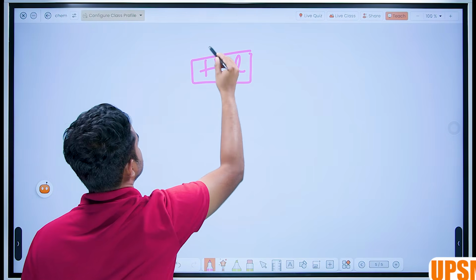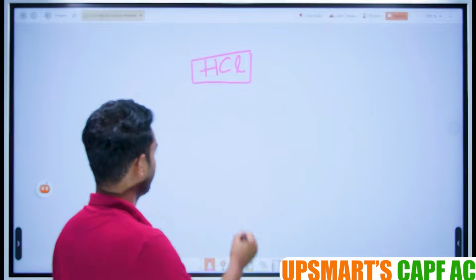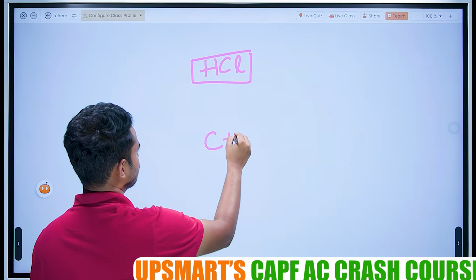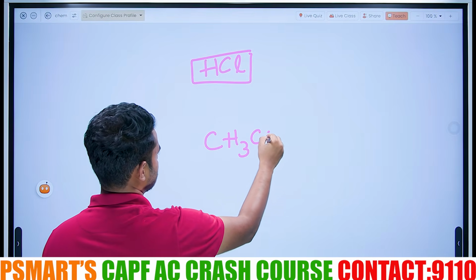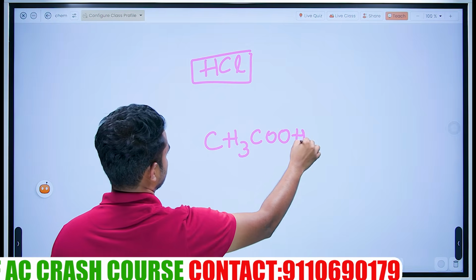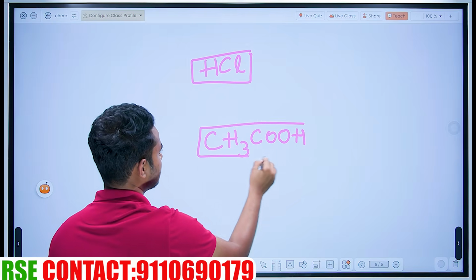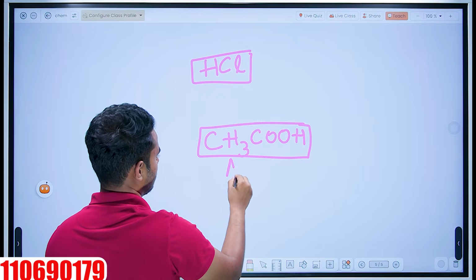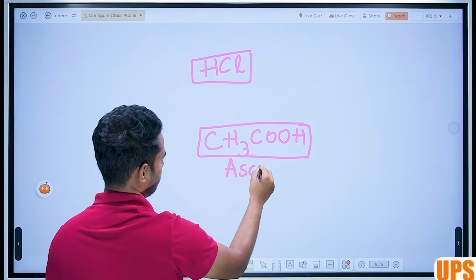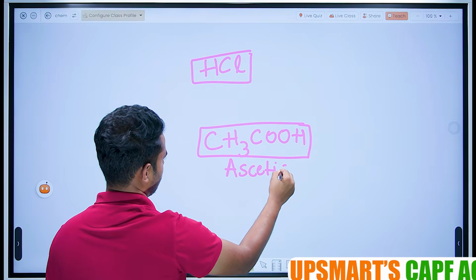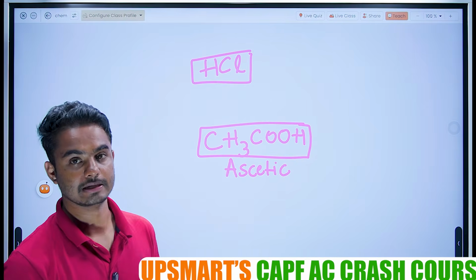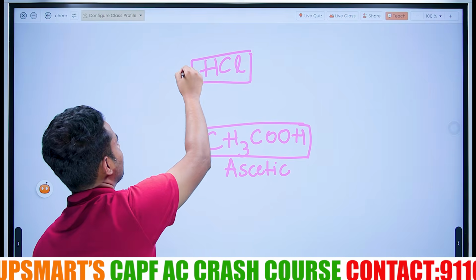Hydrochloric acid. The second one is CH3COOH, which is called acetic acid. Okay, this is one kind and this is the other kind.